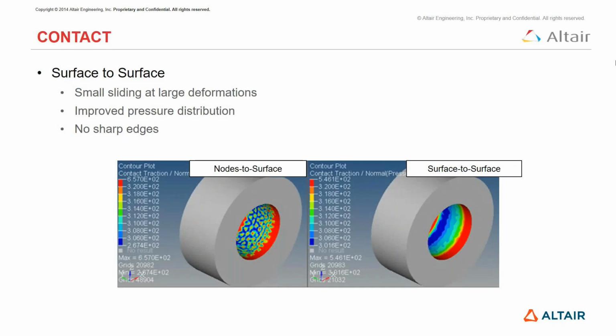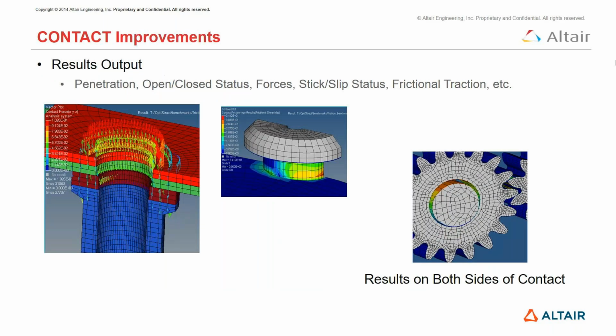So for contact you can perform node to surface contact or surface to surface contact. Both the contacts are available in OptiStruct, and the output you will be getting from the contact simulation is like penetration, open and close status, force, stick and slide status, frictional traction, and so on.